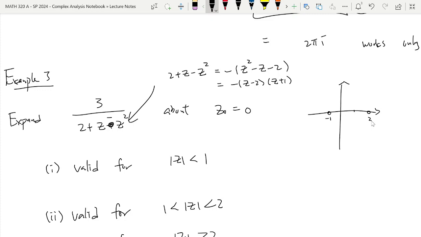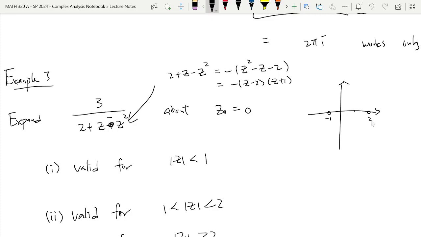We have to avoid singularity. A power series, even with negative powers, is going to be converging. It should converge for every point inside the defined domain, whether it's a disk or annulus. So if you have an annulus region that includes some singularity in the interior of it, then you must be wrong. That's a quick way to tell you must be wrong.